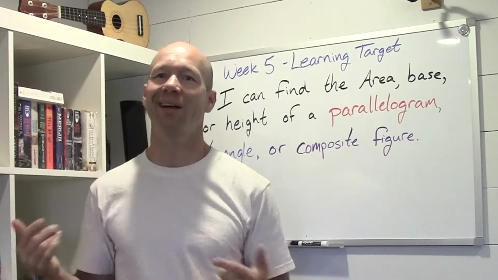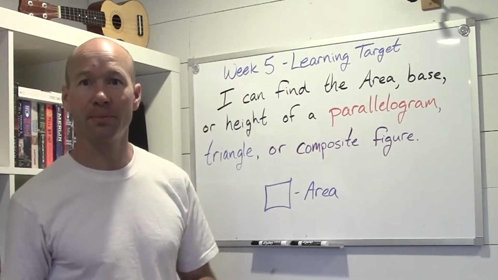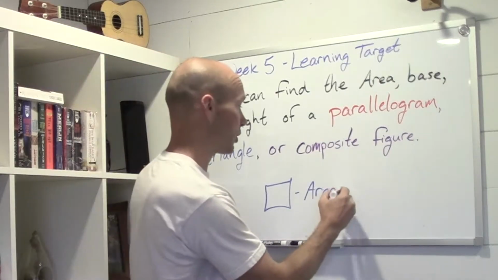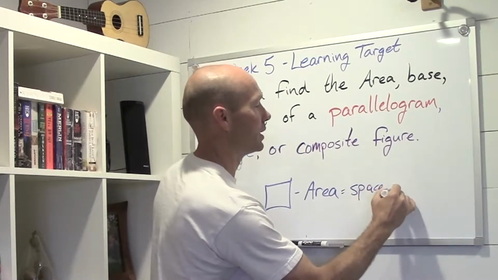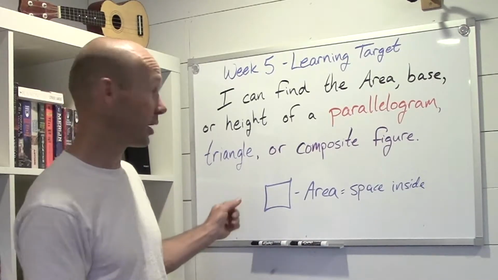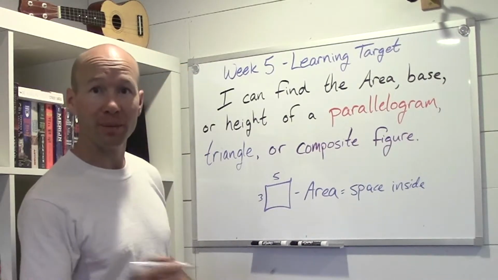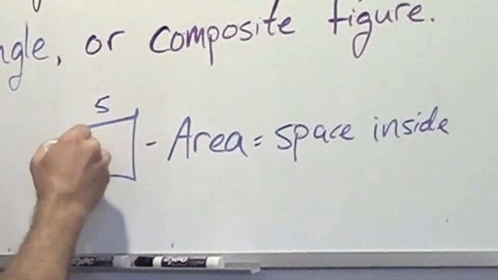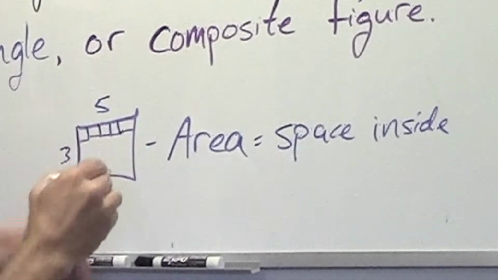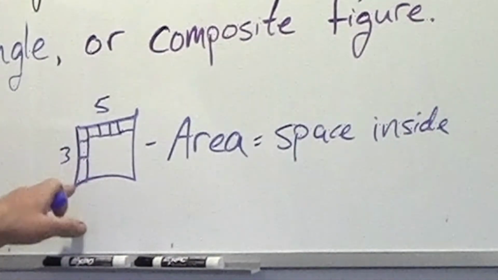So let's think about what area means. Area is the space inside. So if I have a rectangle here and it is 5 by 3, well, that means that it has 1, 2, 3, 4, 5 squares by 1, 2, and by 3 squares, right?